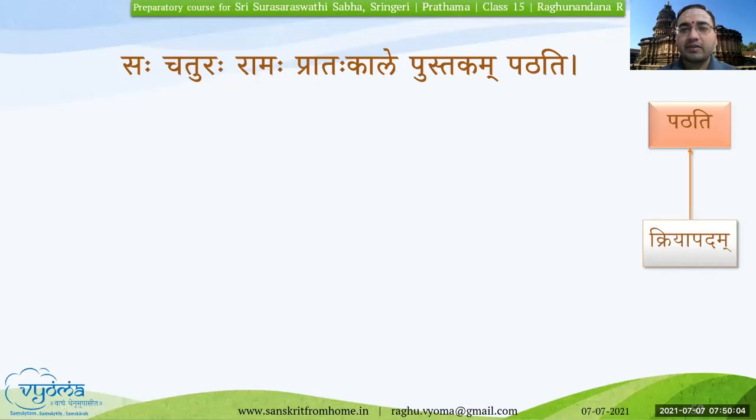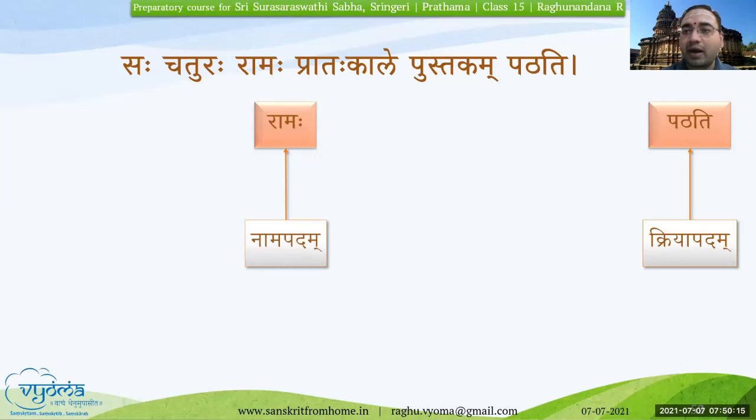Next, we'll see what is the direct connection of any of the word for this Pathati. That is the doer of the action or the Karta, the Namapadam, Ramaha Pathati. Kartrapadam, you can think it as Kartrapadam. I shall update it as well. Next, you can go to the next step. Identify what is he reading.